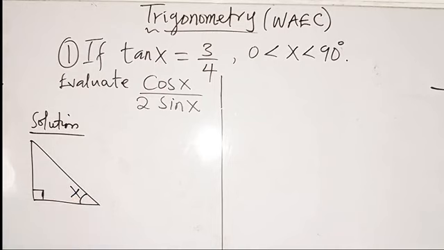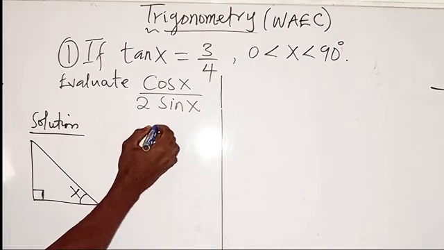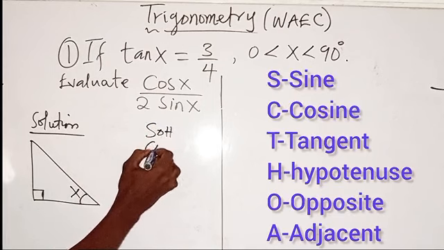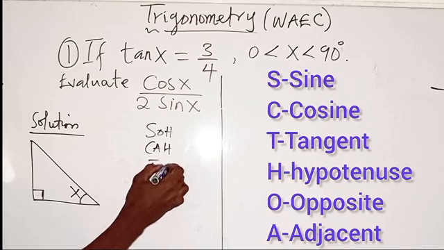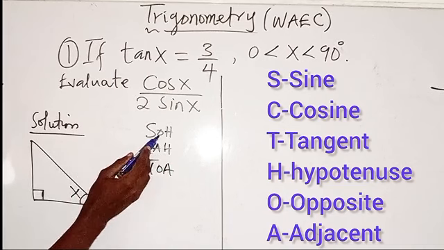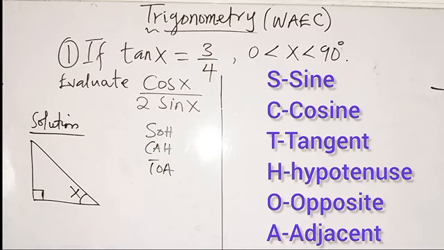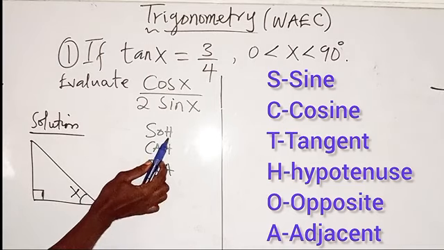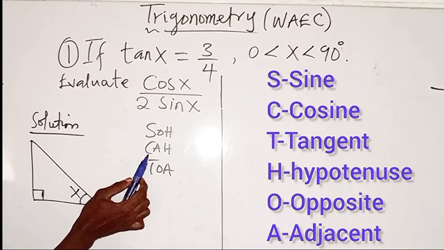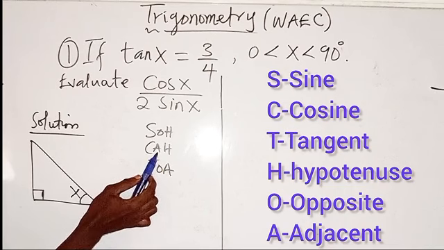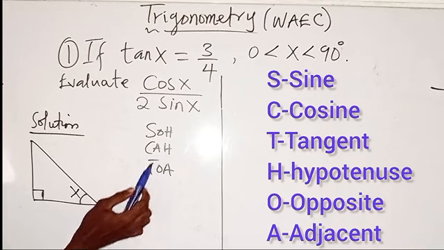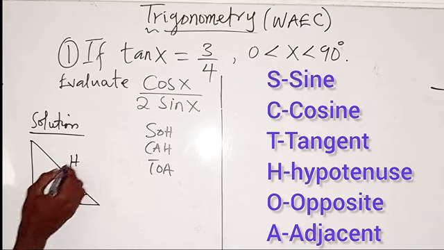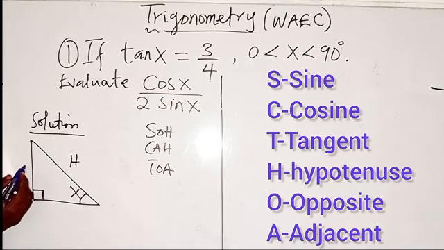From trig ratios we have what we call SOHCAHTOA, where S is sine, O is opposite, H is hypotenuse, C stands for cos, A stands for adjacent, and T is tan. Here this is our hypotenuse, this is the opposite, and we have the adjacent here.